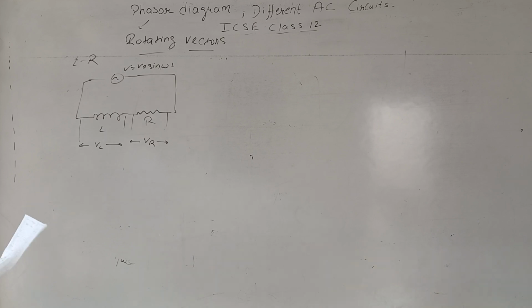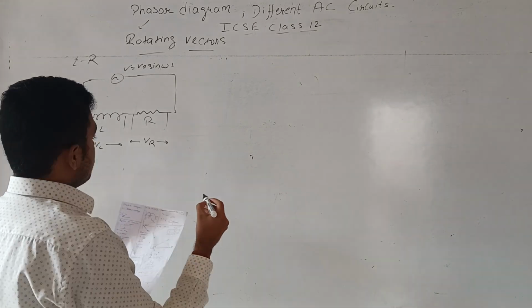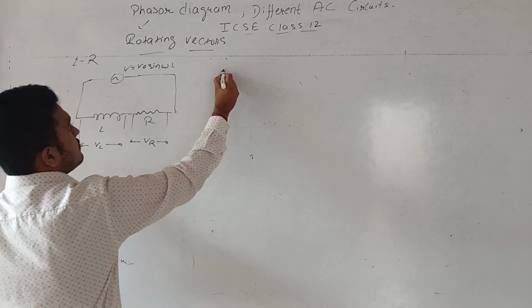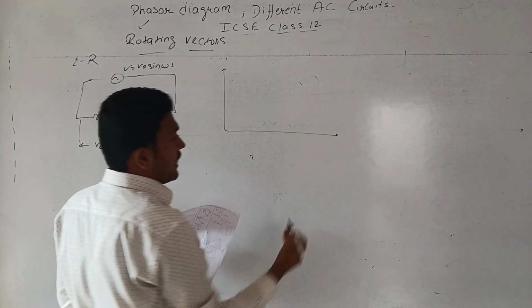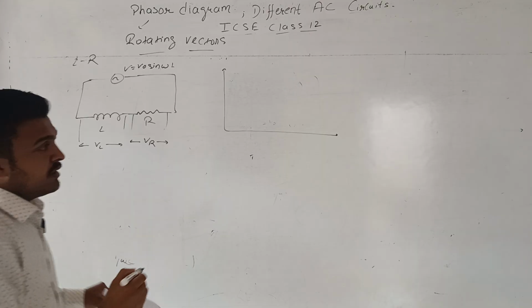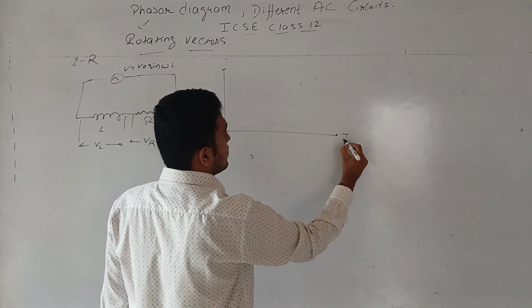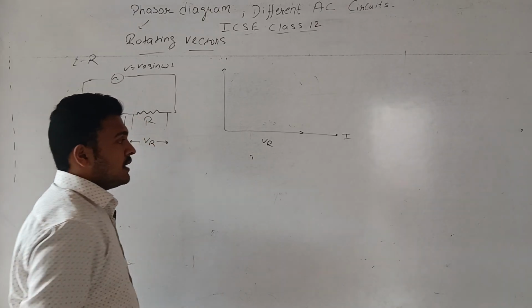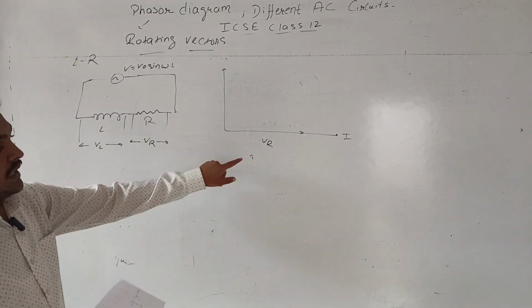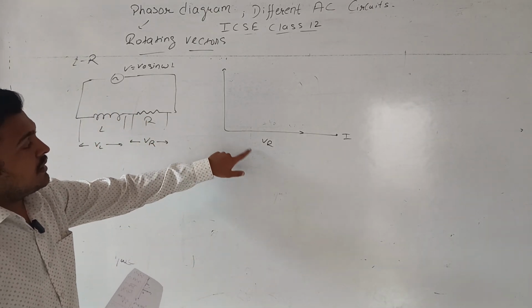As we have studied, VR and the current are in the same direction. So let this be the direction of the current, and this same will be the direction of the potential of the resistor.